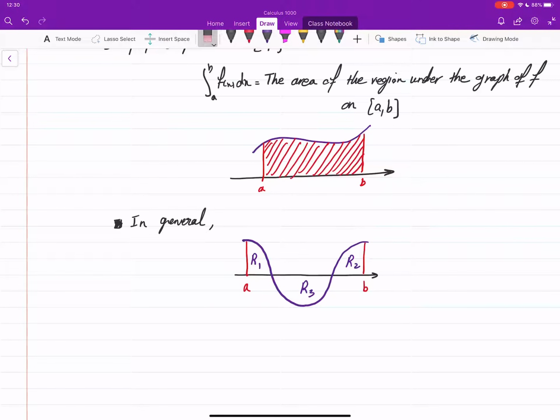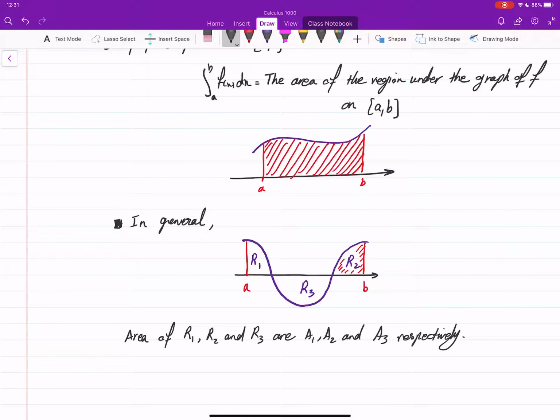Well, now if you find the area of these, let me call the areas of R1, R2, and R3 A1, A2, and A3 respectively.